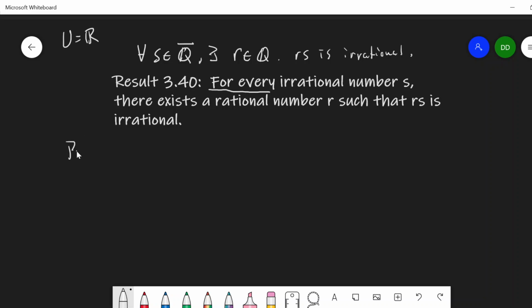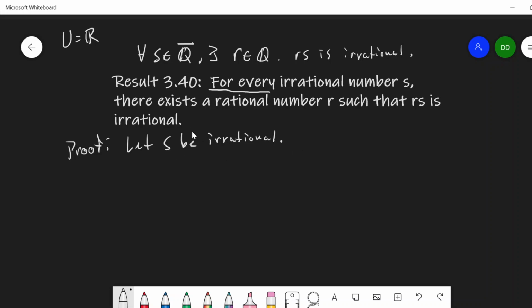So to start this, my initial assumption is that S is an irrational number. So let S be irrational. And now I need to come up with an example of a rational number such that when I multiply it by S, the product is still irrational. So how can I guarantee this?